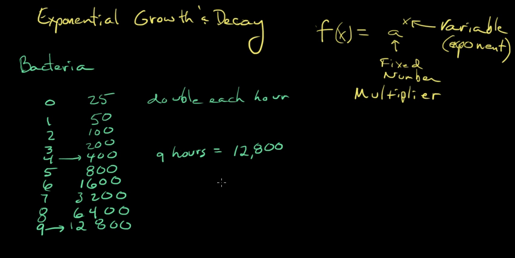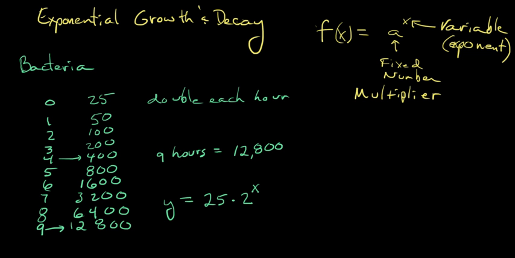Now, how can we make an equation that makes this work? Well, let's take a look. What happens if we said 25 times, because we're going to double it, so we're going to multiply it by 2, but we're going to do that to the x power. So this is basically our equation, y equals 25 times 2 to the x power.